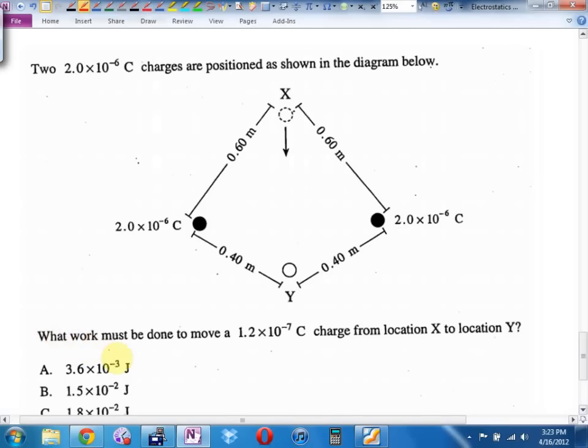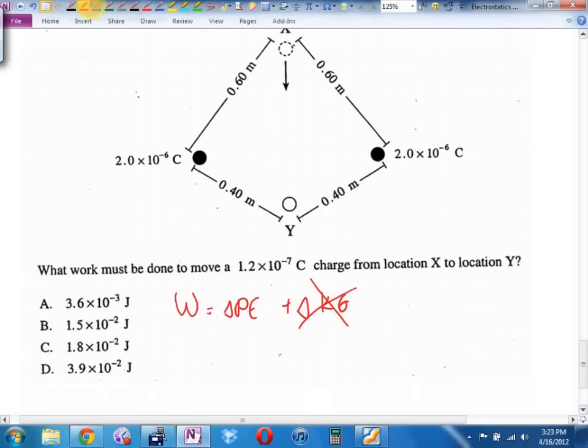Work. Okay. I would say that work is going to be change in potential plus change in kinetic, and no change in kinetic. What's the work? To be honest, I would go Q, the charge that we're moving, times the change in voltage.